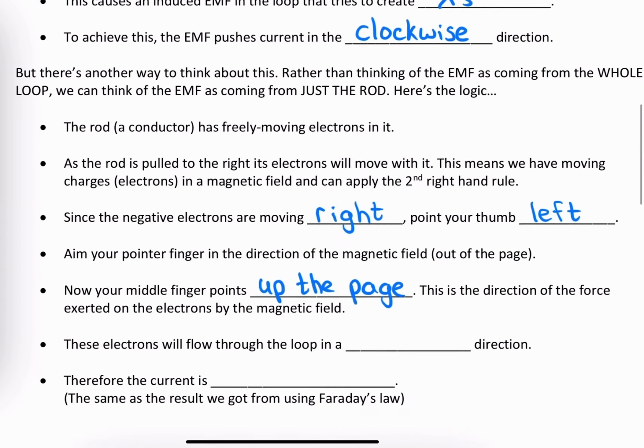When they get to this intersection up here, they can't go to the right because there's no closed circuit over there, but they can go to the left, and they will, and they'll continue to flow around through that loop. So the electrons will flow through the loop in a counterclockwise direction. And since electrons are flowing counterclockwise, we would say the current is clockwise.